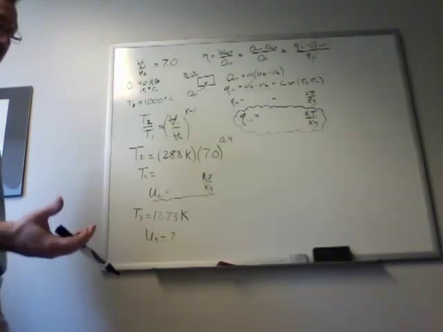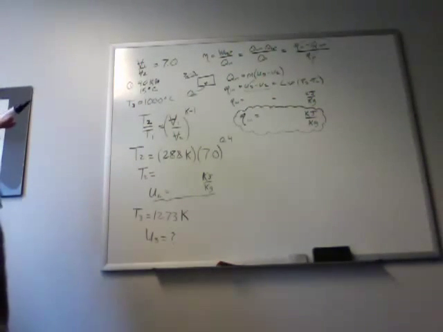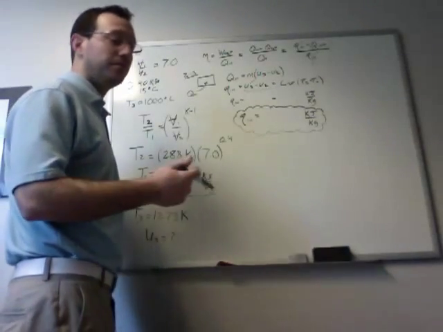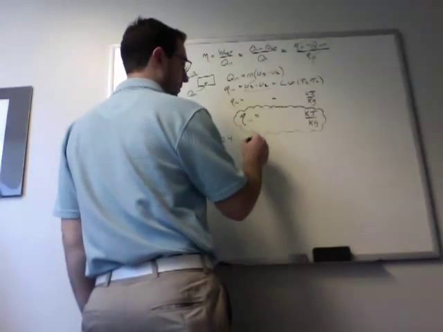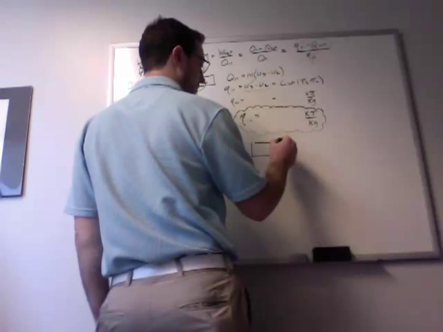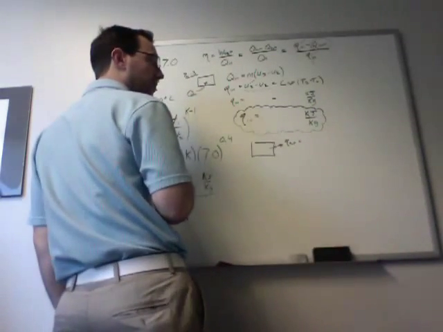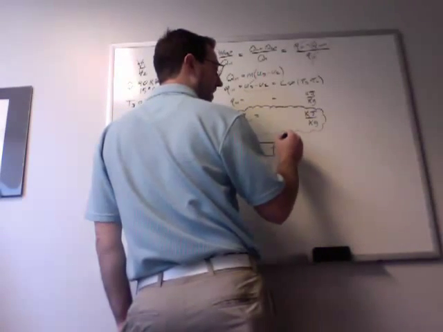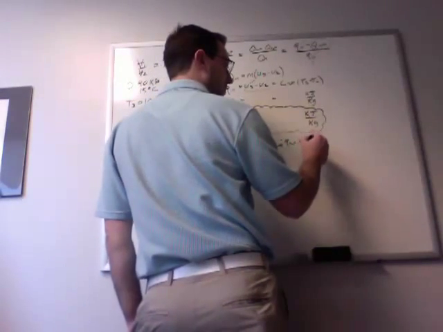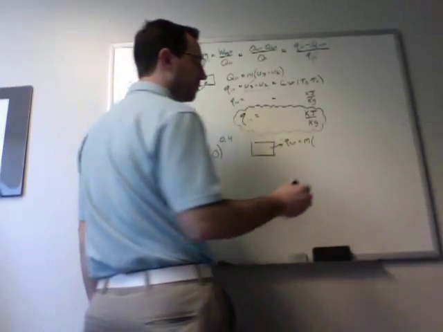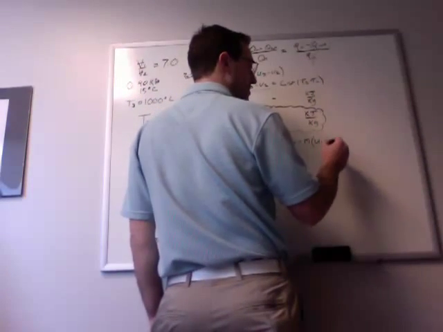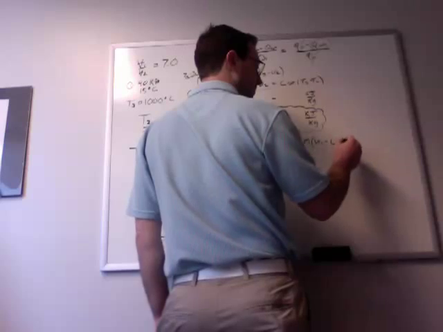Energy balance for Q out occurs from process 4 to 1. Constant volume heat rejection. So the negative of Q out would be mass times the final state, which would be U1, minus the initial, which would be 4.